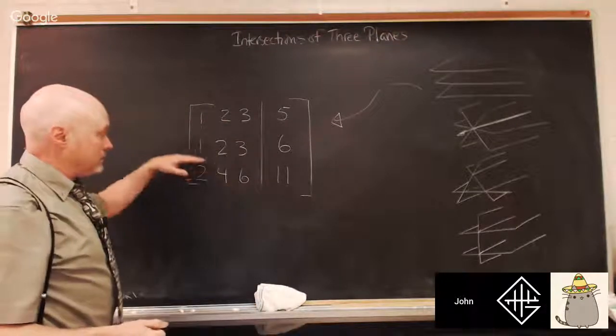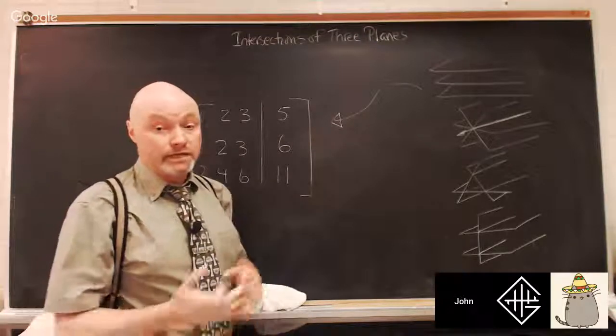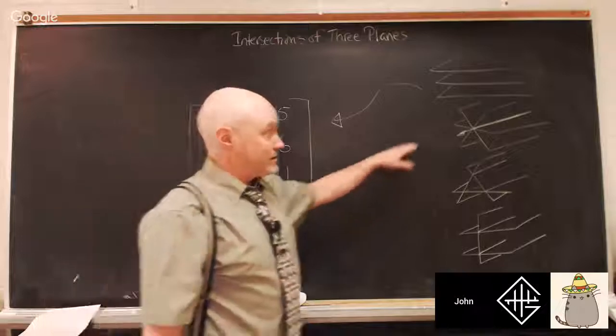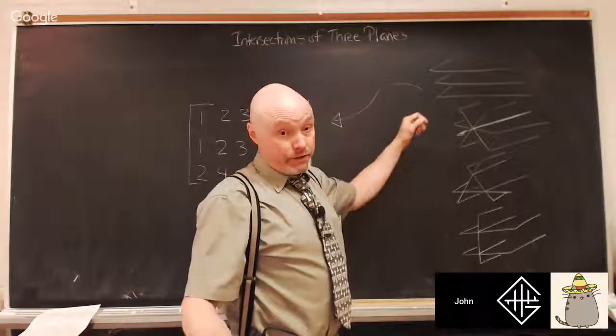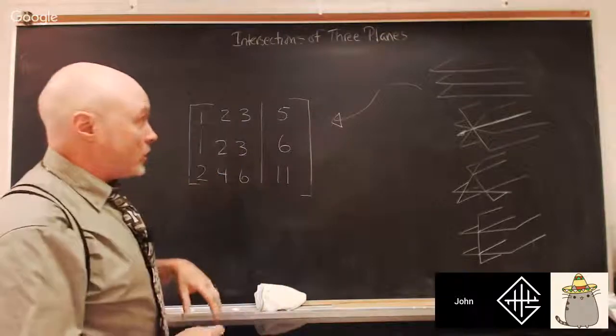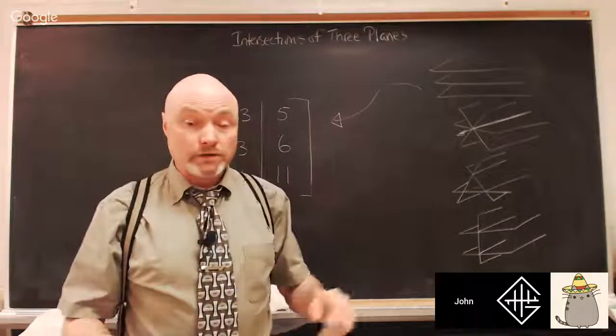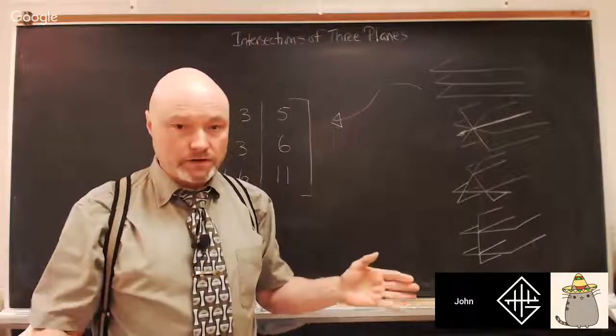This plane's normal is just a scalar multiple of the others, and so that means that all 3 normals are parallel. Okay? So in this case, I have absolutely no intersection. I don't have a point where they intersect. I don't have a line where they intersect.